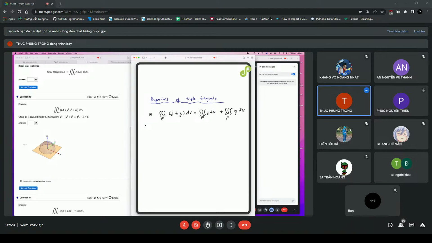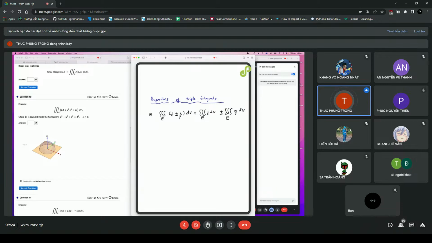This is property 1. If you consider the difference, it's still correct: minus right here, then we have minus right here. Still true for difference. But of course, this is not true for multiplication or division.